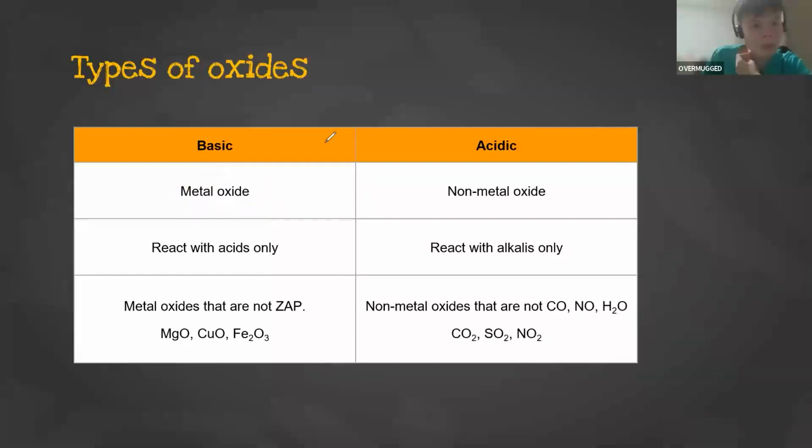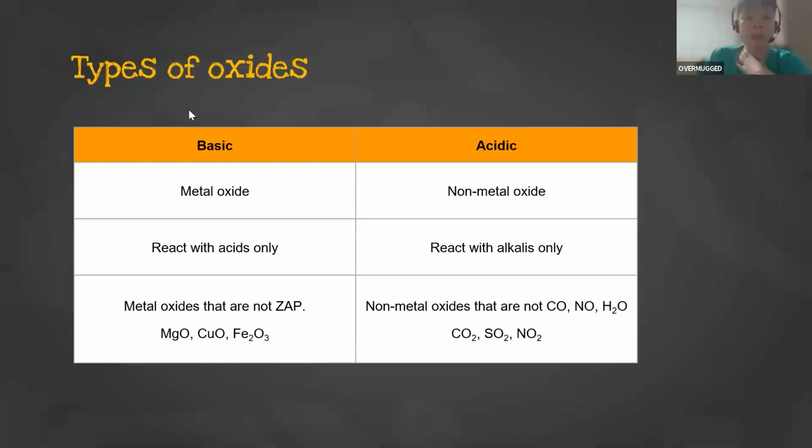Do we need to know that neutral oxides cannot dissolve in water except for water? In what kind of question does this come in? The key thing to identify what kind of oxide we have: usually the question will say I have this unknown oxide, and this unknown oxide can react with this and this.